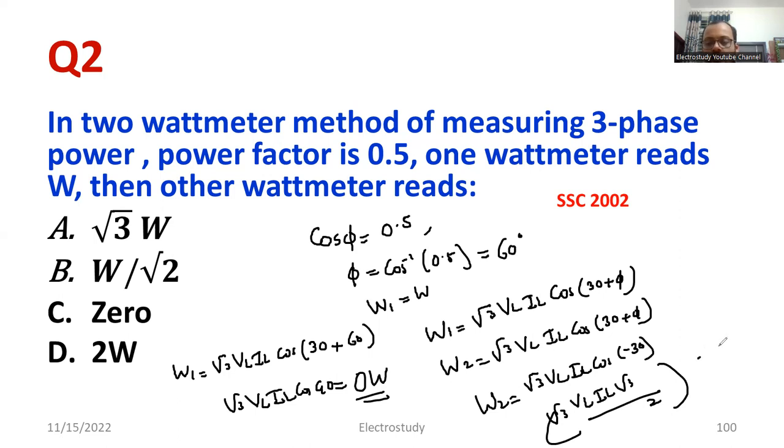It is not equal to 0, right? But the first wattmeter reading is 0 only. So one wattmeter gives a certain reading, I agreed, correct? But what about the other wattmeter? The other wattmeter reads 0. Whenever power factor is equal to 0.5, the other wattmeter reads 0. So this is the concept behind this particular question. You may expect similar kinds of questions in the forthcoming examinations.